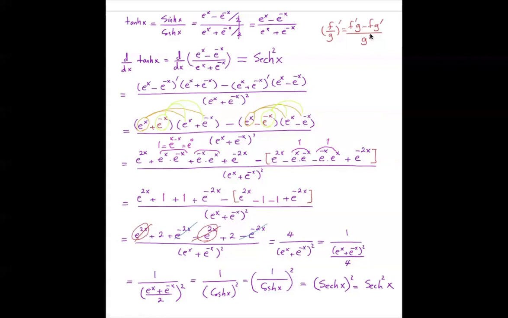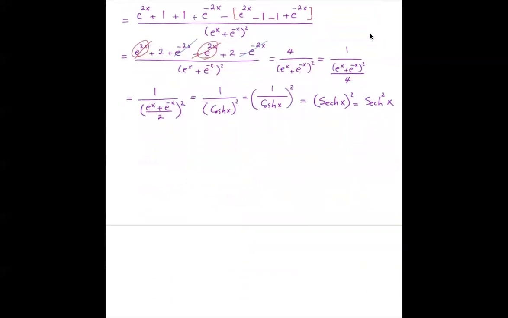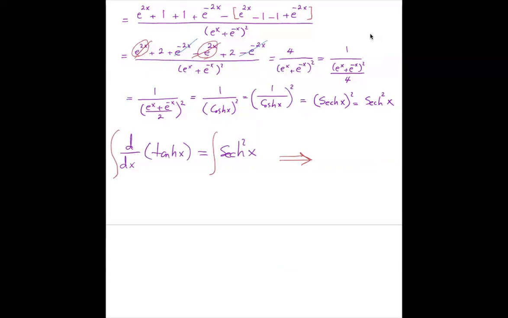So now that we have the derivative of hyperbolic tangent, so now that we know that the derivative with respect to x of hyperbolic tangent of x is equal to hyperbolic secant squared of x, by the fundamental theorem of calculus, if you take the integral of both sides, the integral of hyperbolic secant to the second with respect to x is equal to hyperbolic tangent of x plus the constant of integration.